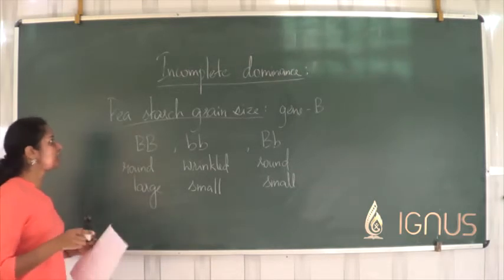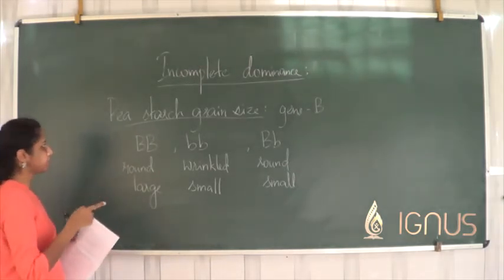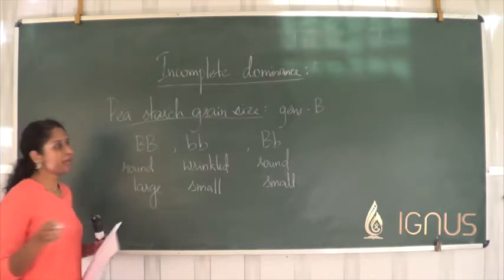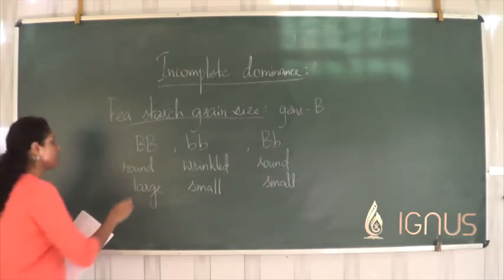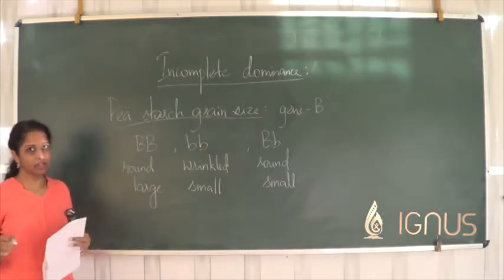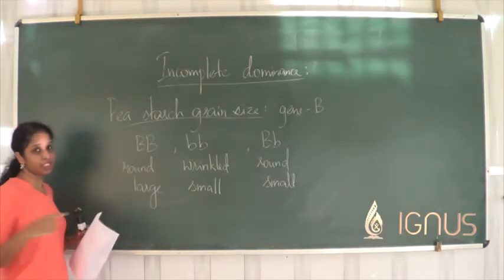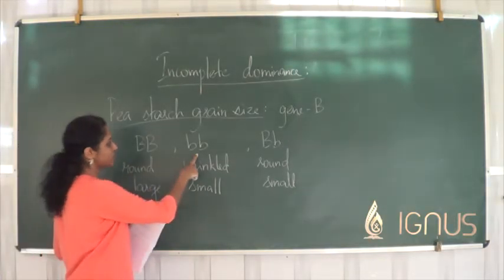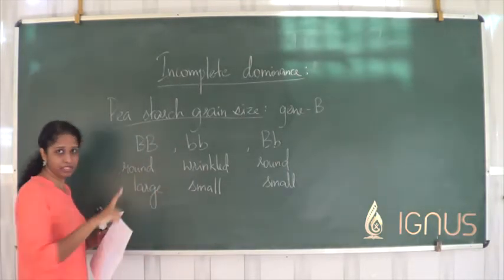Another example for incomplete dominance is the starch grain size in pea, which is controlled by the gene B. Because it is incomplete dominance, if it is a homozygous dominant gene, then you have round large seeds. If you have homozygous recessive, then you have wrinkled small seeds.